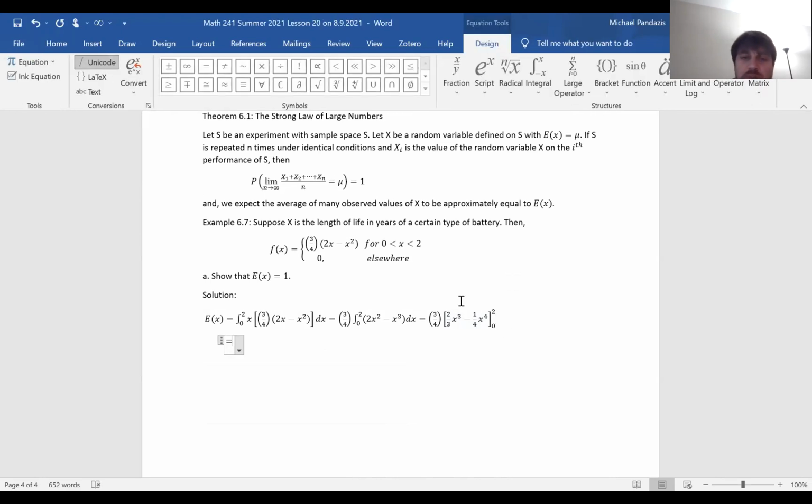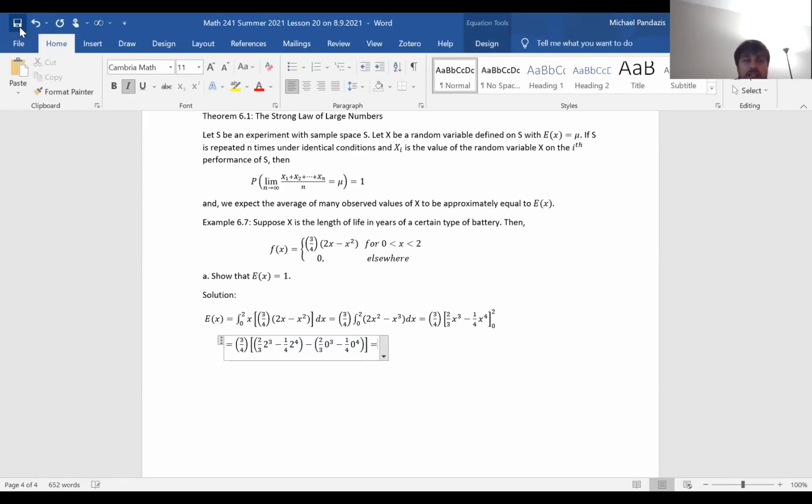So that's 3/4 times the bracket: that expression when x equals 2 minus that expression when x equals 0. When x equals 2, you have 2/3 times 2 cubed minus 1/4 times 2 to the 4th. And when x is 0, you have 2/3 times 0 cubed minus 1/4 times 0 to the 4th.